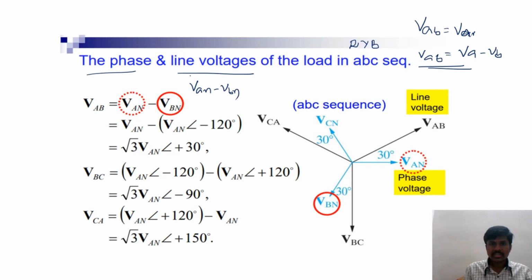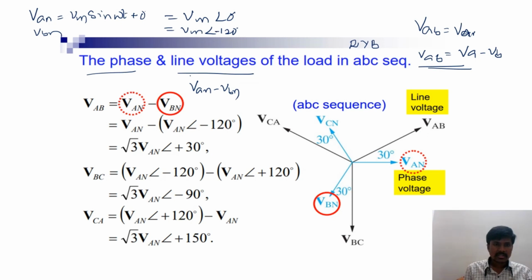What is VAN? Phase voltage. VAN is equal to Vm sin omega t, which means the phase angle is 0, so you can write Vm at an angle 0 degrees. Next, VBN is equal to Vm at an angle 120 degrees. Next, VCN is equal to Vm at an angle minus 240 degrees, or plus 120 degrees. Either way you can consider.